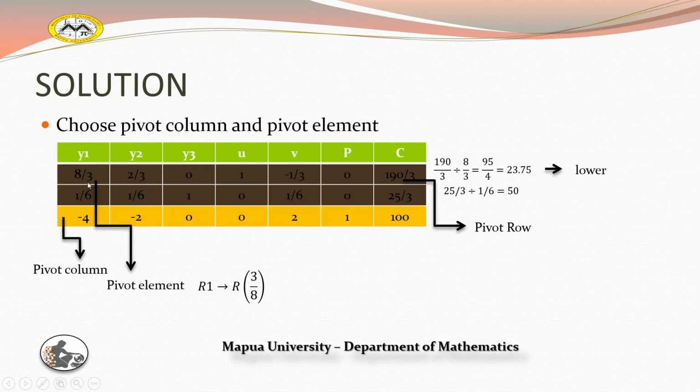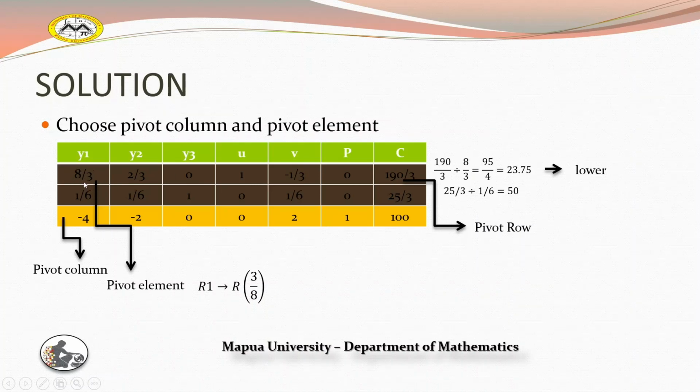Since the pivot element should be equal to 1, applying the elementary row operation again, we will multiply that element by its reciprocal in order to make it 1. We multiply each element in row 1, which is now our pivot row, by the reciprocal of 8 over 3, which is 3 over 8.